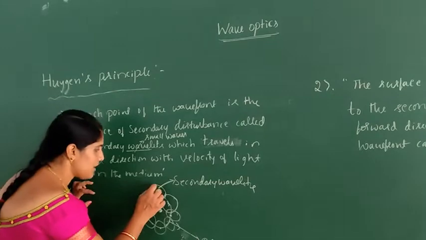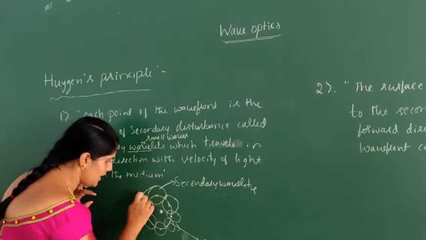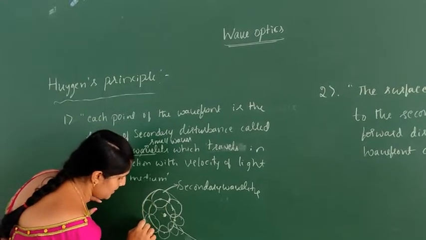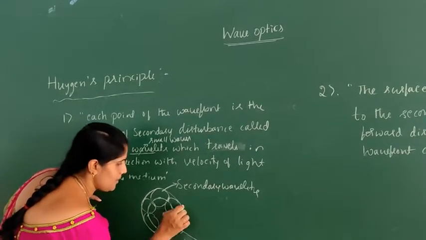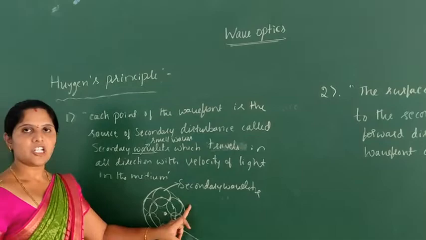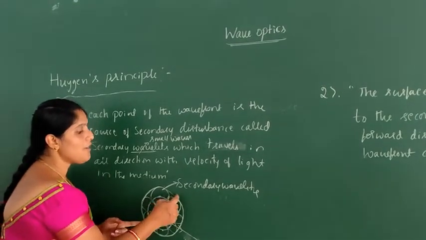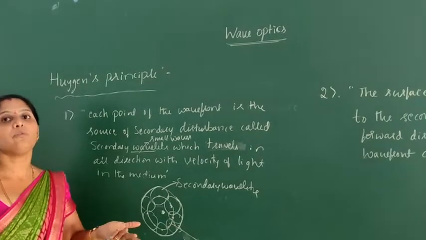So the surface is drawn tangentially like this. This is the tangential line. The surface drawn tangentially to the secondary wavelets in the forward direction gives a new wavefront.